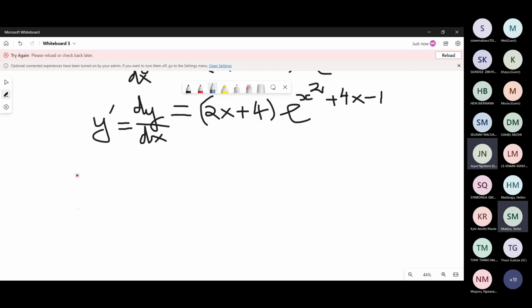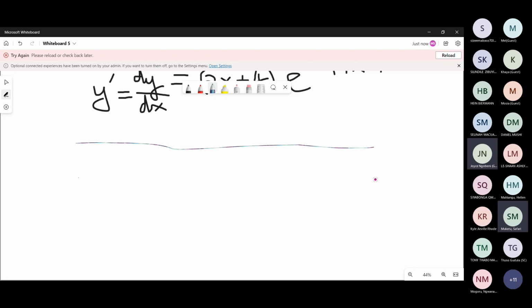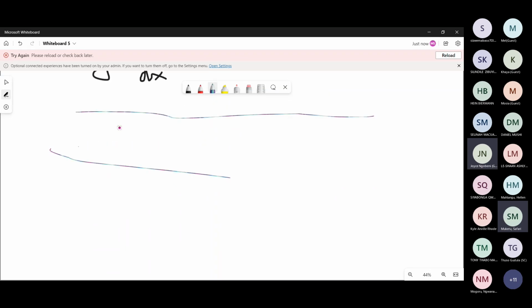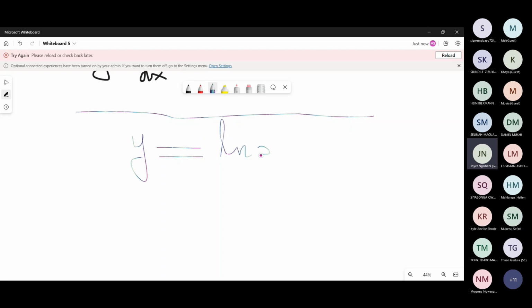Now let's look also at the logarithm function. The function y equals ln, the logarithm of x. How do we compute this derivative?